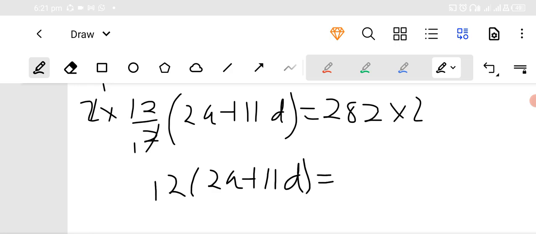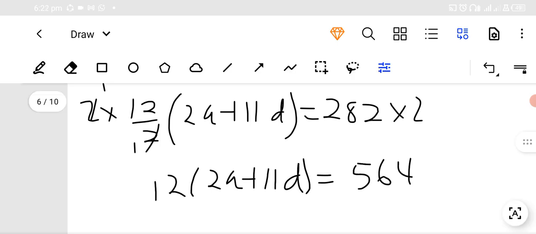is equal to what? 282 times 2 is 564. Let's try to see if 12 can go into 564.